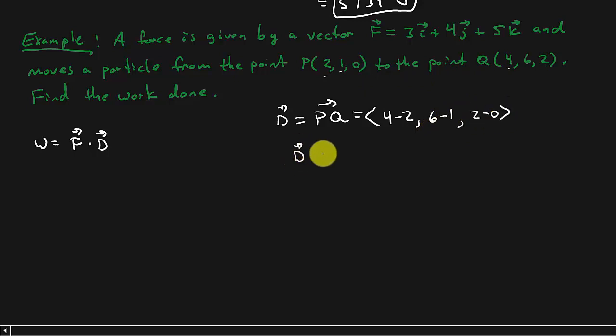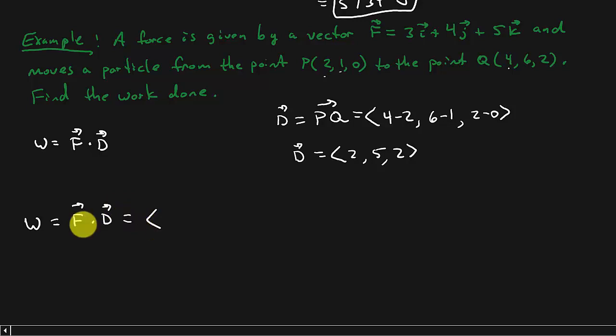And so vector D is 2, 5, 2. Look at that, I've got vector F, I've got vector D. Now all I have to do is find the dot product. So W is equal to F dot D.